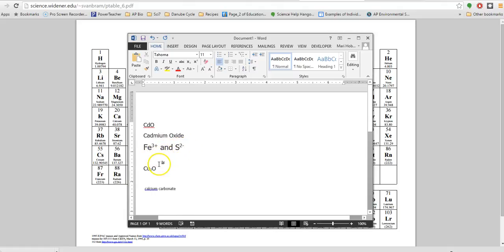So when you write it, you know it's going to be FeS, but this 2 that is the charge here becomes a subscript for the Fe, and this 3+ that is the charge there becomes a subscript there. And then I have to make those subscripts because I do expect you to do that.